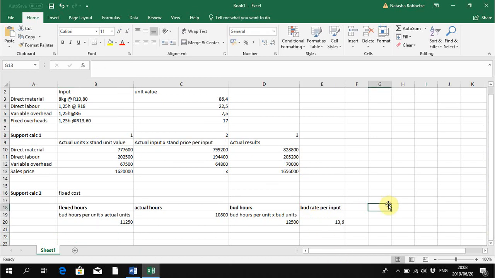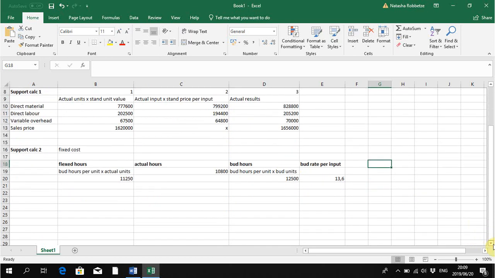And from this, you can now calculate your volume variance, your capacity, and your efficiency by also applying the following mindset. If you want to calculate your capacity, it will be the actual hours minus the budgeted hours times the rate. If you want to calculate your efficiency, it will be this 11,250 minus the 10,800 times the rate.